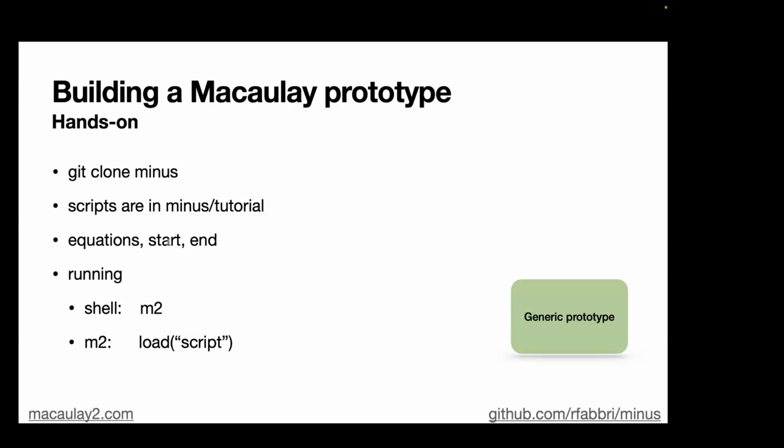So then running, how would you run these scripts? These equations, start and end, are Macaulay scripts. So basically you just install Macaulay, call M2, and then type load, and the script could be equations, or load start, and then it's going to write the file with the start functions.